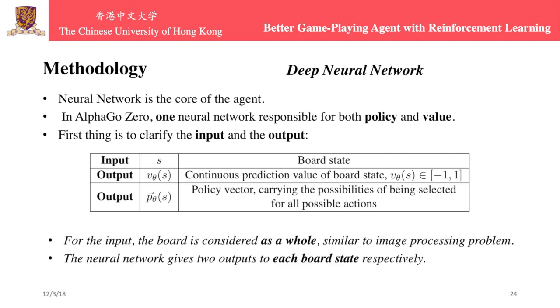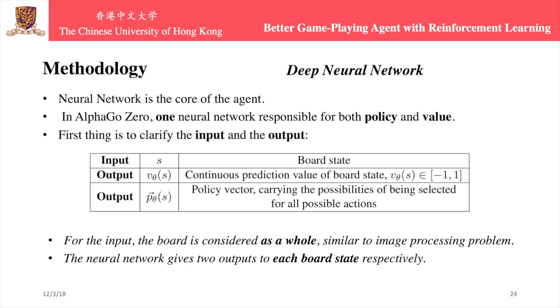I will first talk about the input. Actually, the board is considered as a whole, and it is very similar to an image processing problem. So we don't need to handcraft the features of a board. Instead, we just take maybe 17 pictures and make them an image stack, and then give the stack to the machine.